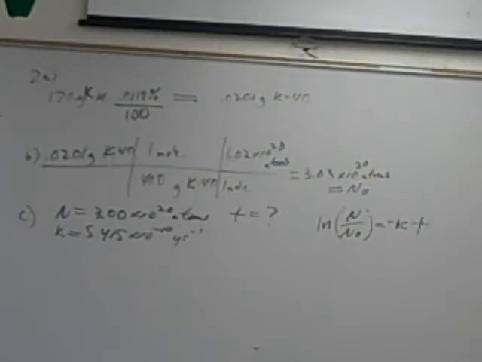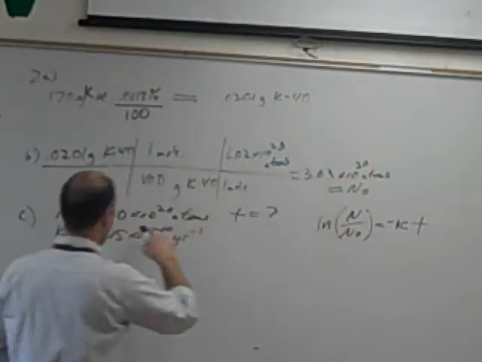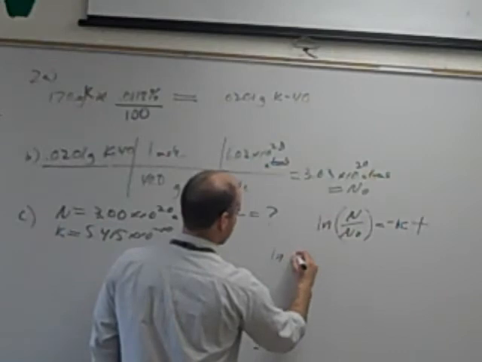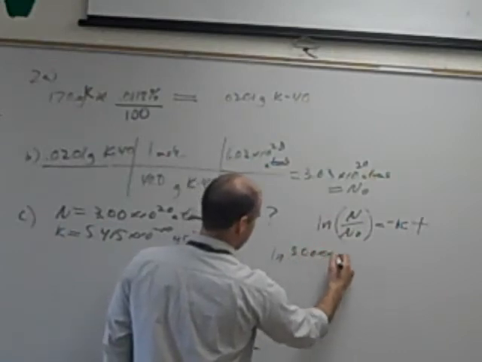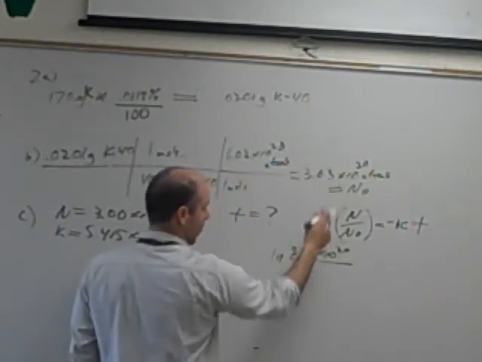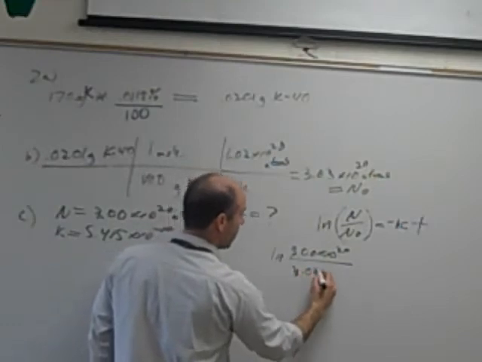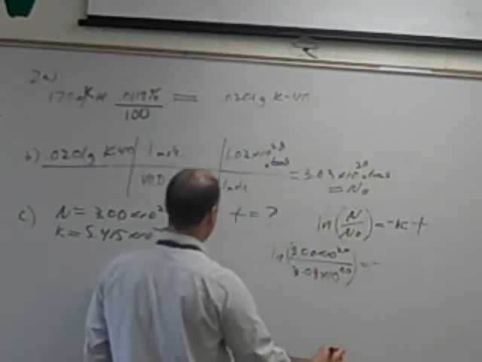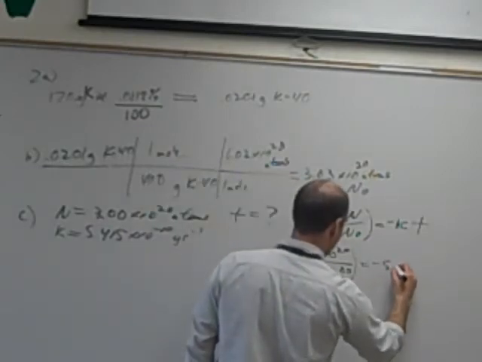So then let's plug in the numbers. The smaller number, N, should always be on top. N naught goes on the bottom. Then the k constant.